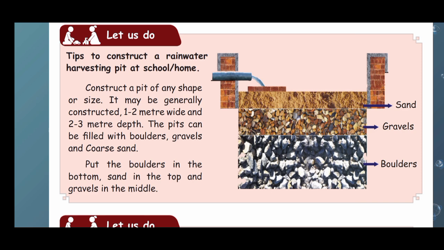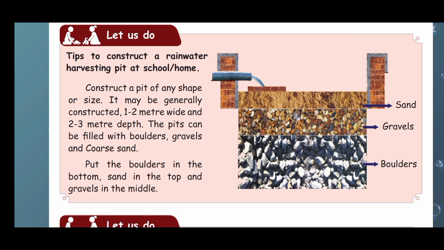The pits can be filled with boulders, gravels and coarse sand. So boulders means it will be of big size. Then the gravels will be a little smaller than the boulders, and the sand is what we use for construction purposes. It will be very fine.